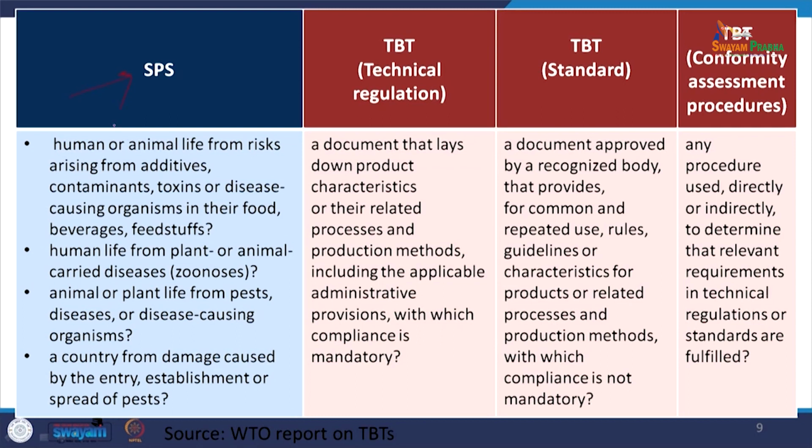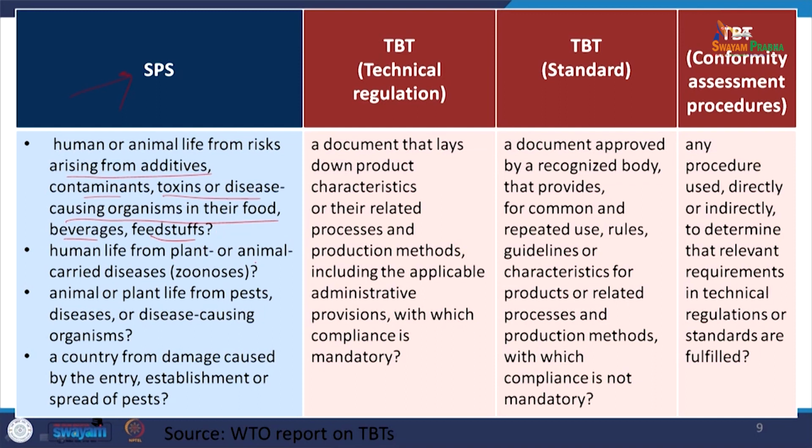So, SPS is not related to technical regulations and standards, it is particularly about protecting human or animal life from risks arising from additives, contaminants, toxins or disease causing organisms in food, beverages and feedstuffs. So, these are the areas where it is applied.